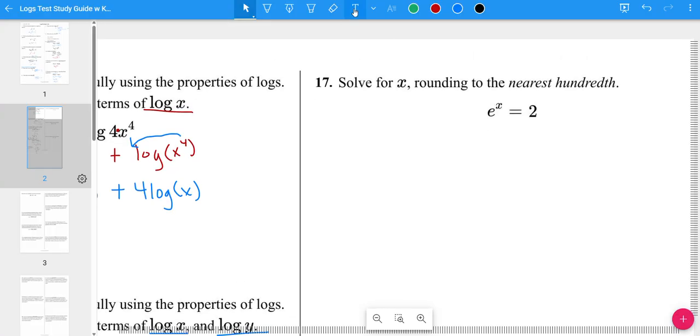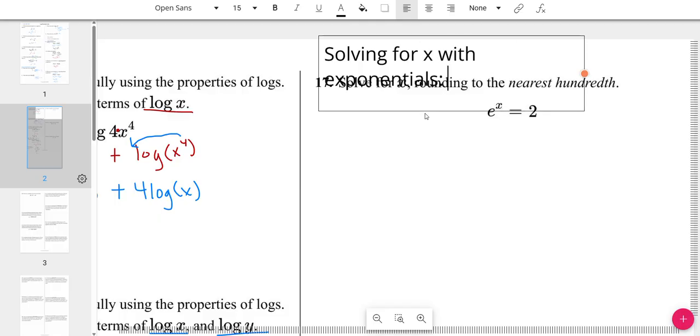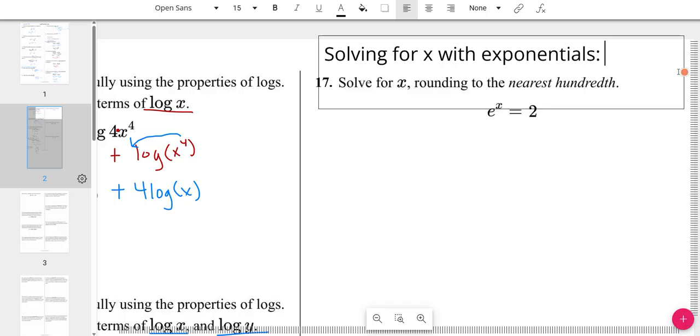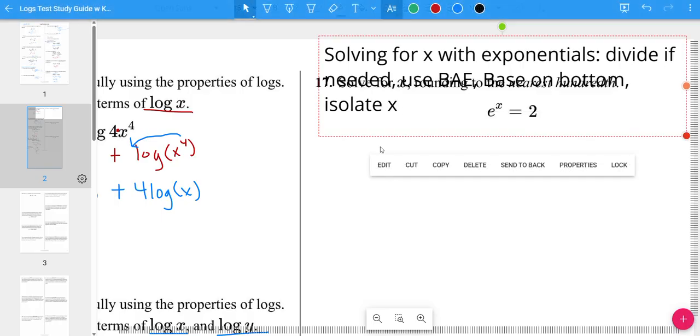So it's the same thing, solving for x with exponentials. You divide if needed. Use base on bottom. Isolate x.